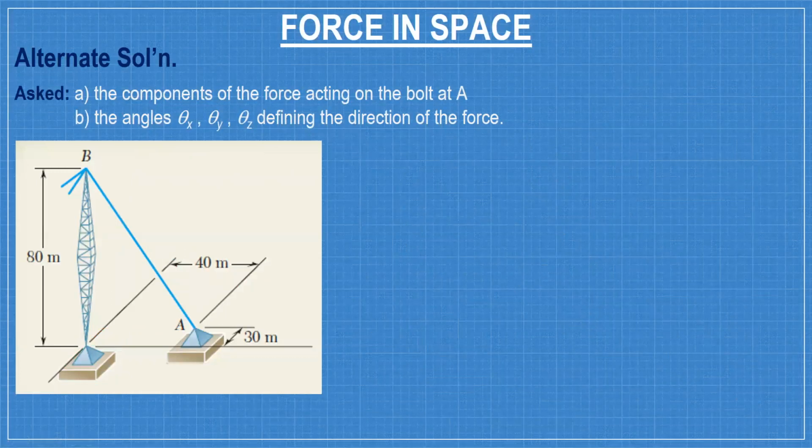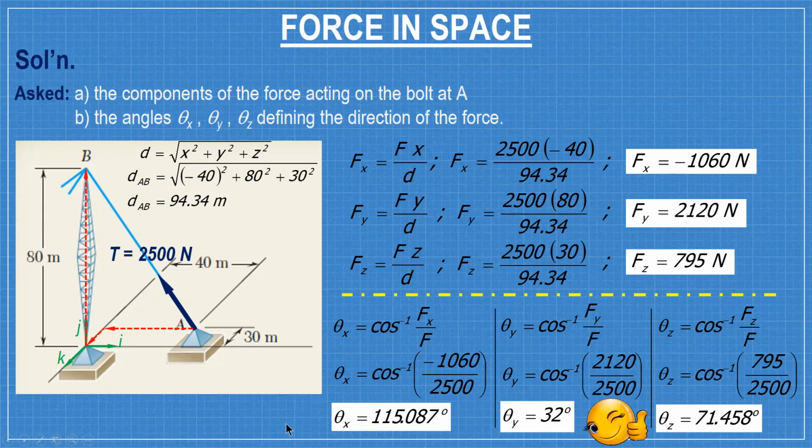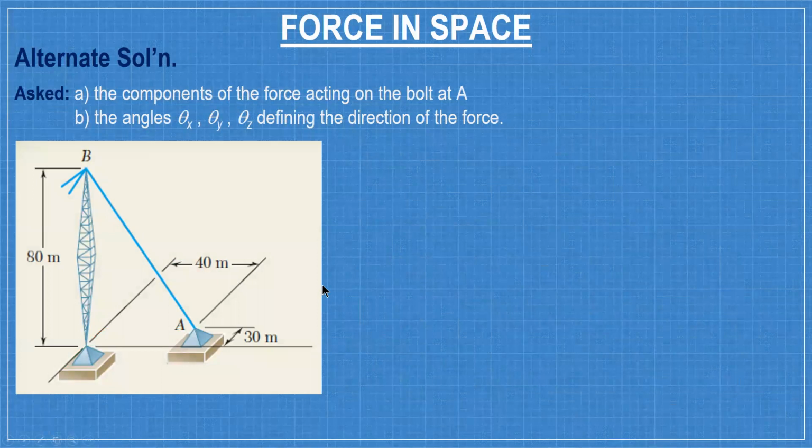An alternate solution is you no longer determine the X component separately. It's more direct. Again, we have this guide, with the distances going that way, going this way, and then going up.